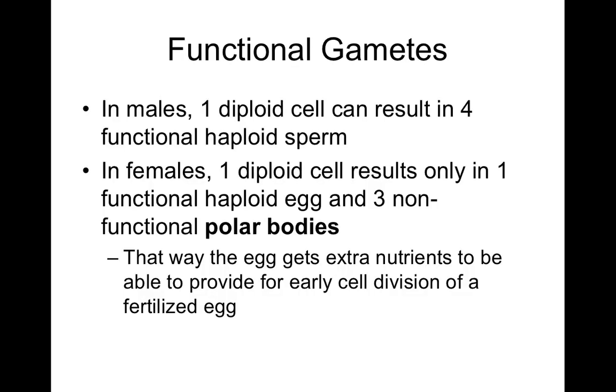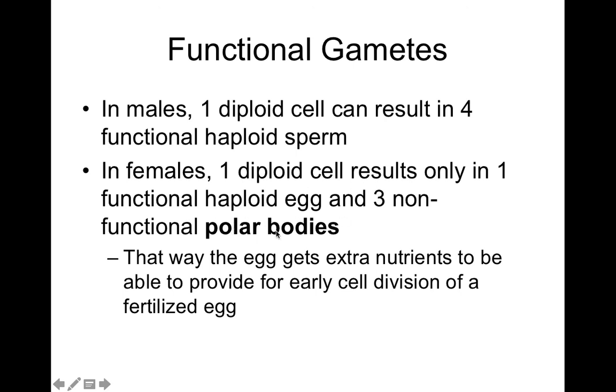Now, in males, 1 diploid cell will result in 4 haploid sperm. However, in an egg, because the eggs are one of the only cells in the human body that you can see without a microscope, because it's that big. And the reason why it's that big is because 1 diploid cell results in 1 haploid cell and 3 polar bodies.